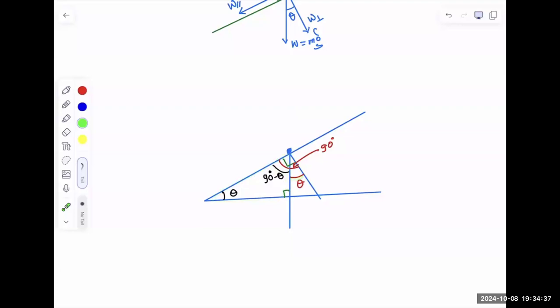Right? So now if this is my theta, what component is this? This is my F g cos theta. And this is my F g sine theta. Make sense? So that means if we are given a numerical problem where the slope has an angle of, say, theta, what is the force that is dragging the object downwards?